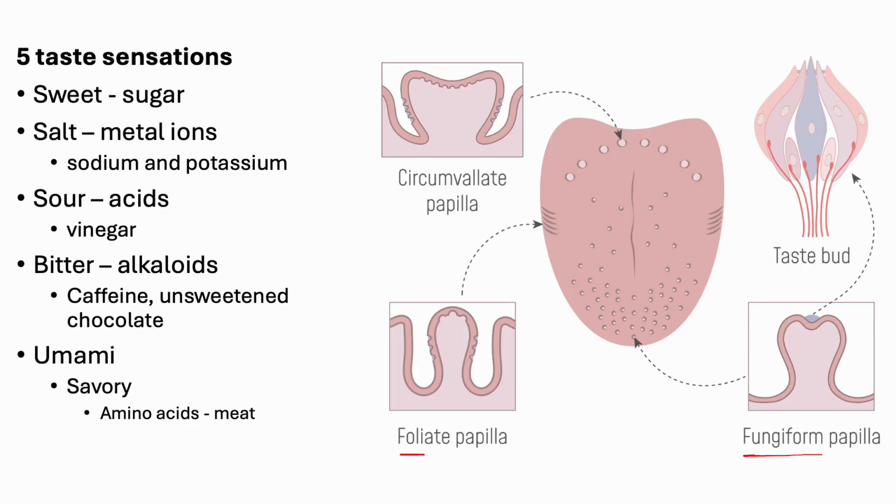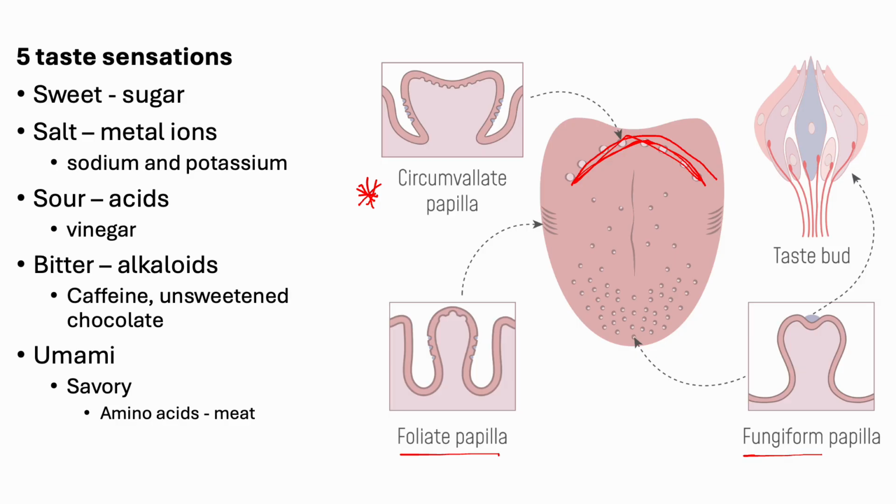The foliate are those that are found on the ridges just when we're infants and children. And then it's the valate or the circumvallate that are these. So this looks a little bit more like a U, but sometimes it's drawn as sort of an inverted V. And these are going to be where the majority of our taste buds are located.